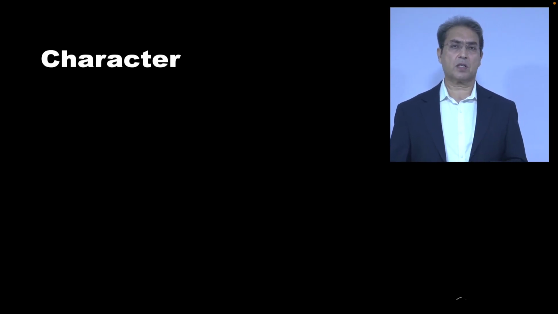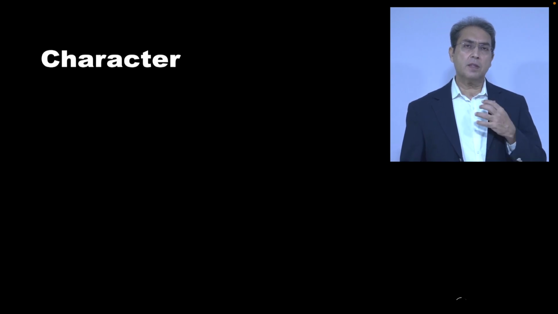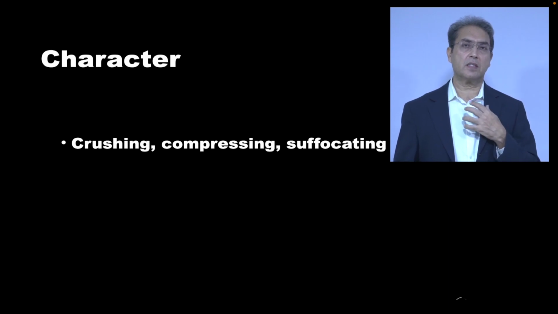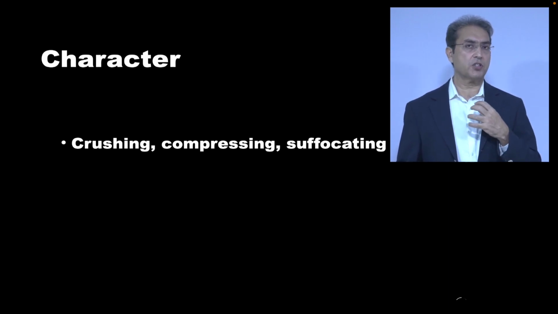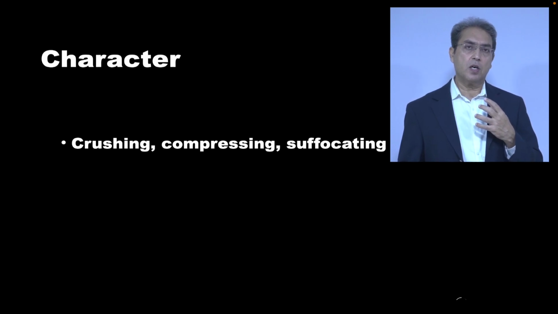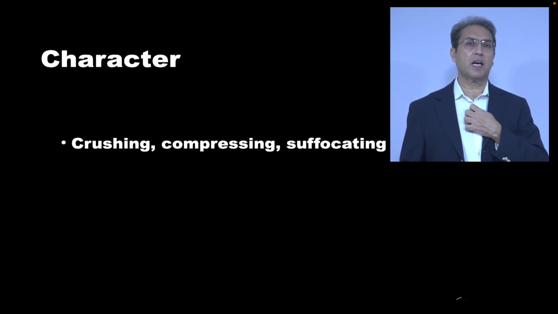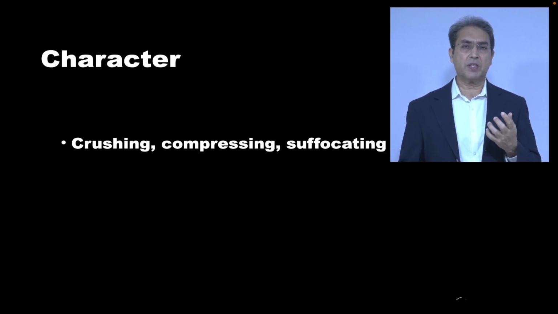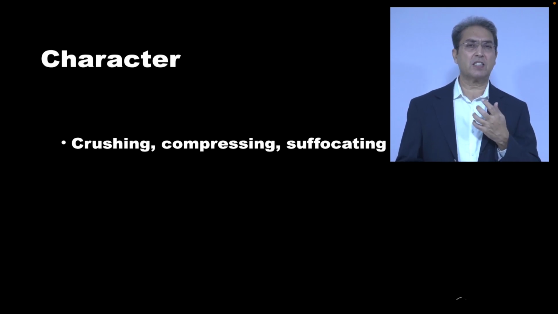And then we see character. Character is very important when you're assessing the pain. See, the cardiac pain has a typical crushing, compressing, suffocating nature. This differentiates this from many other pains. And patient just says that I feel as if something has been put on my chest, and sometimes patients say that I am feeling suffocated as if somebody is strangulating me.